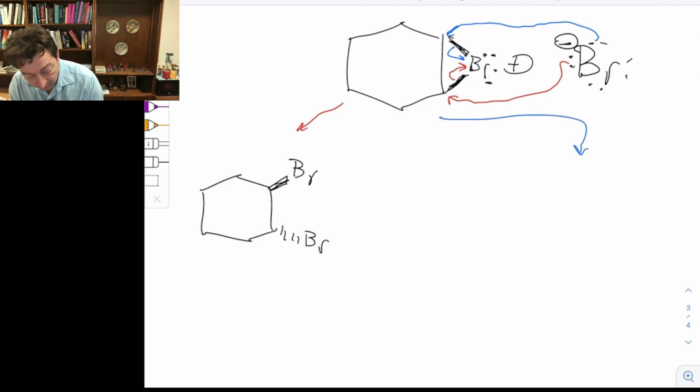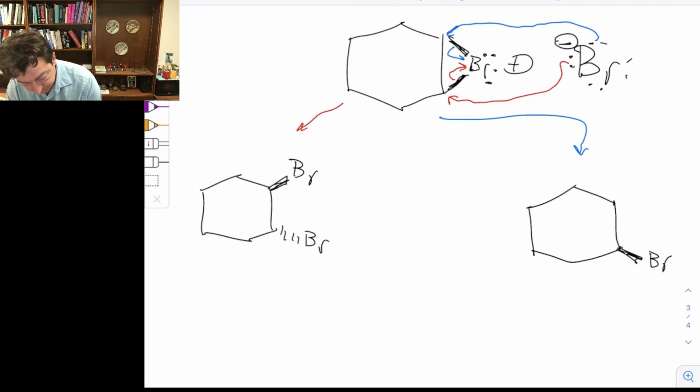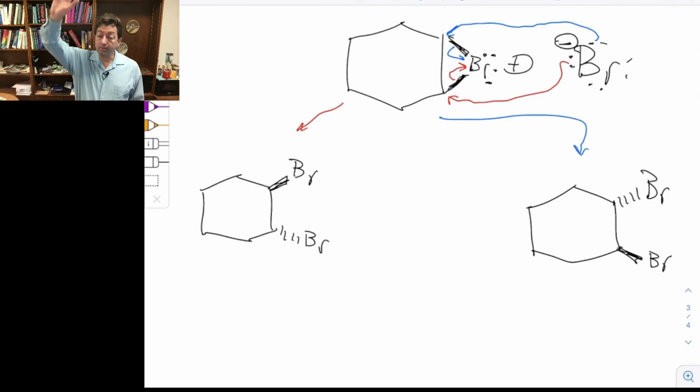So if we look at the product of that blue pathway, again, we'd have one of the bromines pointing up above the plane of the ring, but that other Br minus that's following that blue pathway attacking the back side of that three-membered ring to ring open that. Again, very similar to what we saw with SN2.